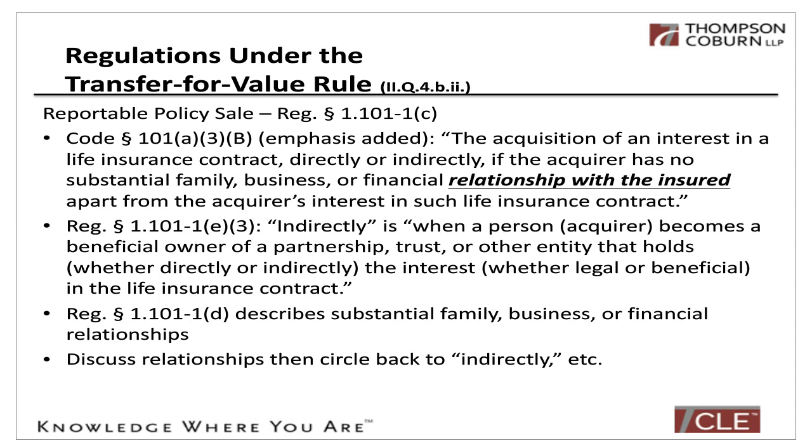Okay, and then we have regulations that describe the relationships and we'll go through those very briefly, and then we're going to circle back to this indirectly issue. Because my point is, the indirectly may make it be a reportable policy sale, but it might not have transfer for value implications. We'll get into that in a little bit. All right, let's go on to the next slide.